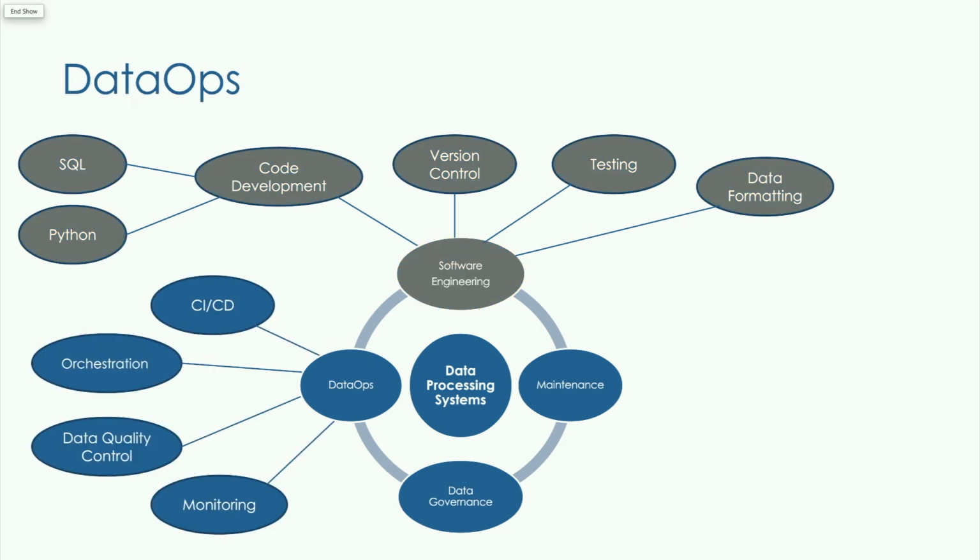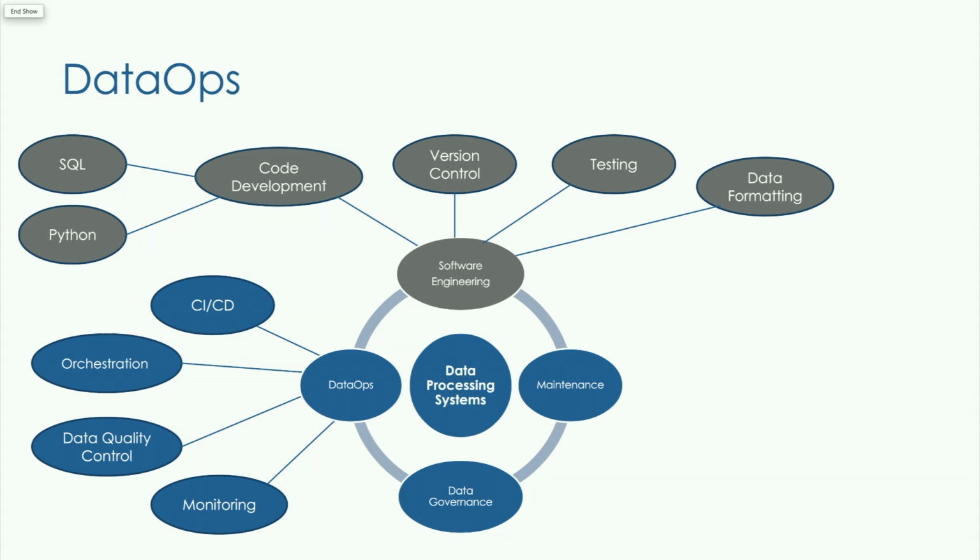Next, we have data ops, or data operations. The goal is not just to build the system, but to deploy it to production and automate this process. So here we see plenty of skills to master, starting with CI/CD, continuous integration and continuous delivery, which allows us to automate the deployment of our pipeline, our data processing system, into production.